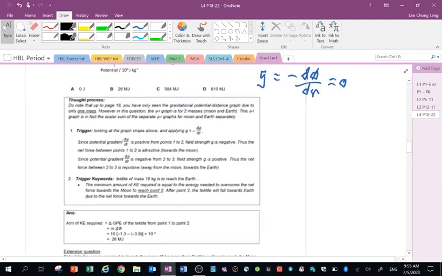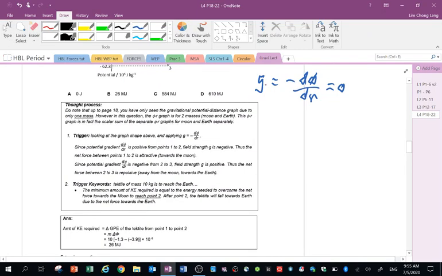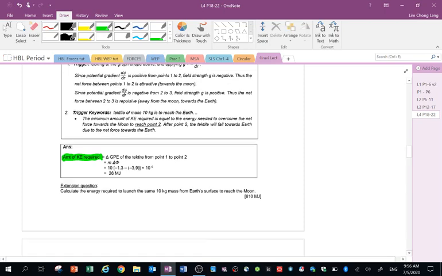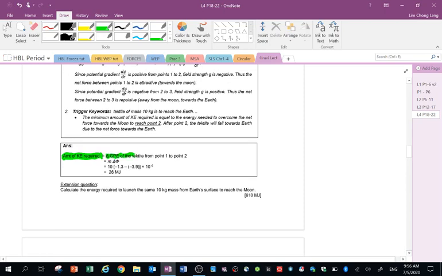Oh, I've minimized this too much. Okay, this is the one that I'm referring to. So the amount of energy required, in fact, this is the minimum amount of energy required to cause a body to move from moon to earth, because all the body needs to do is to overcome this potential barrier.